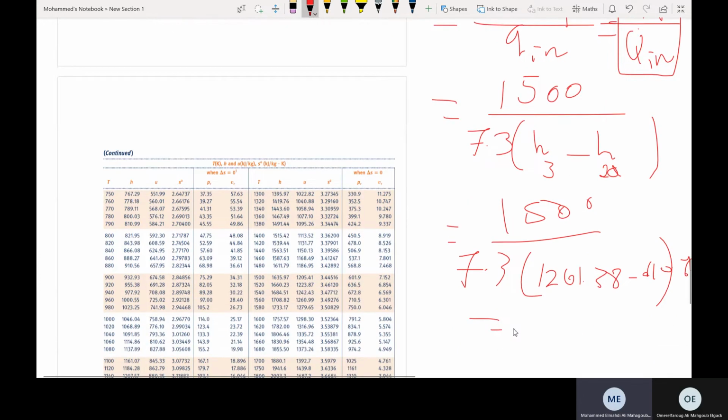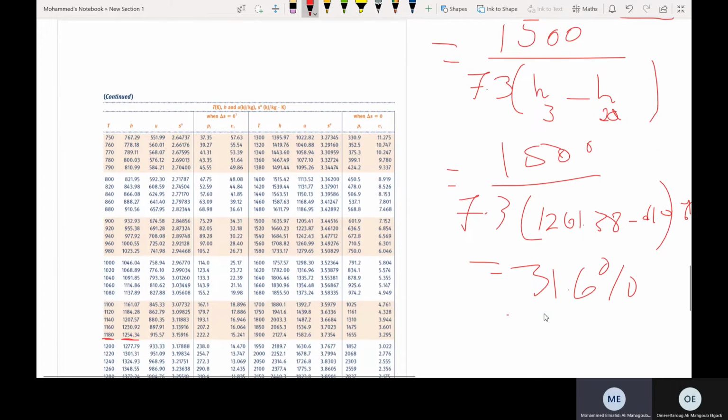Let me substitute that for you. It's going to be 31.6%. This is the thermal efficiency of the cycle.